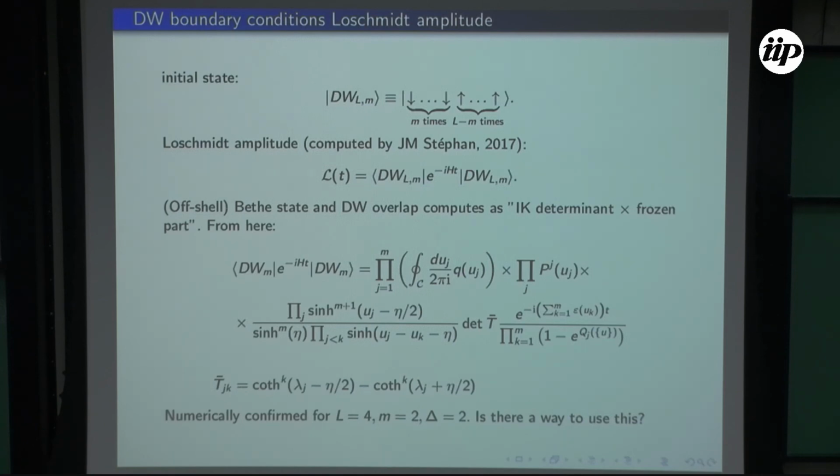I don't know how useful this is. If I want to compute some thermodynamic limit, then with the number of integrals I have to go to infinity. We will see what we can do about this. But anyway, I hope that at some point it's going to be useful.